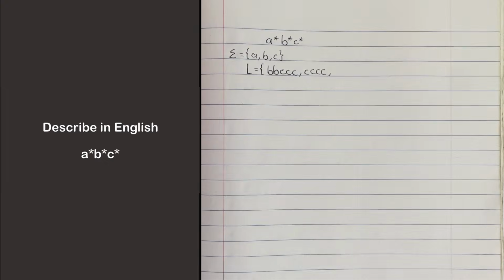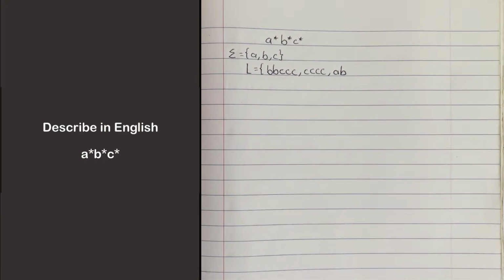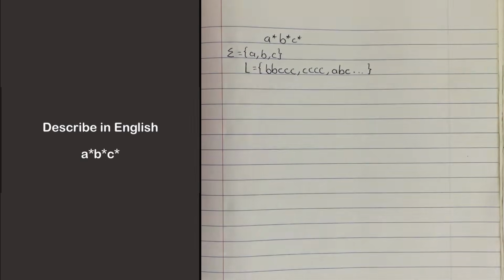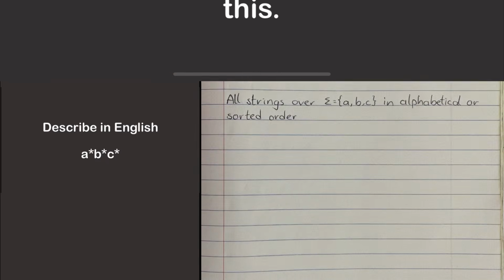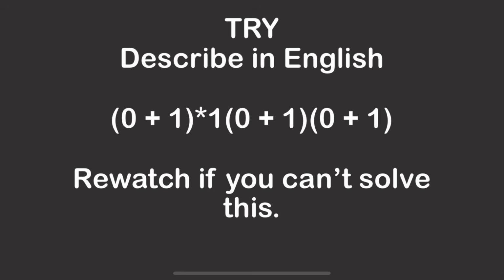We can have 1 A, followed by 1 B, followed by 1 C. We can see clearly that it's simply a regular expression that matches all strings over ABC that are in alphabetical or sorted order. So try and understand these questions before you move on to the next category of questions. You can rewatch this video because it gets increasingly difficult in the next category.